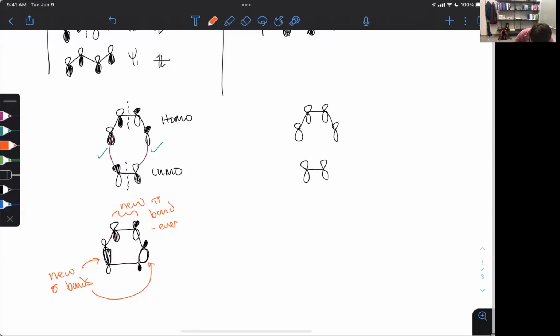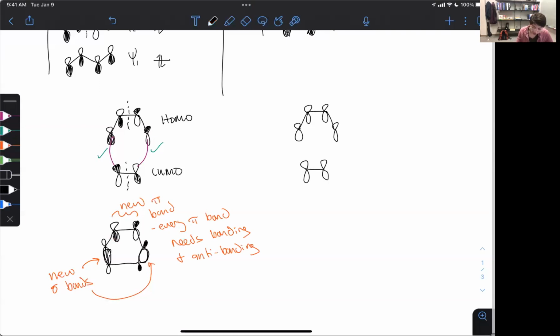Okay, so every pi bond needs a bonding and antibonding orbital. Okay, so this might provide us just kind of a snapshot of our antibonding orbital, but that doesn't mean that the bonding orbital doesn't exist as well.